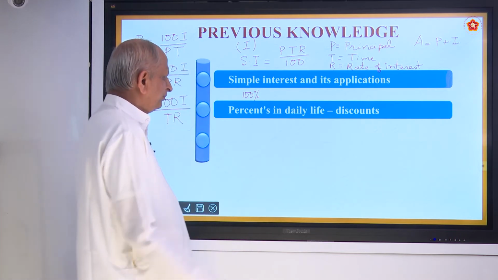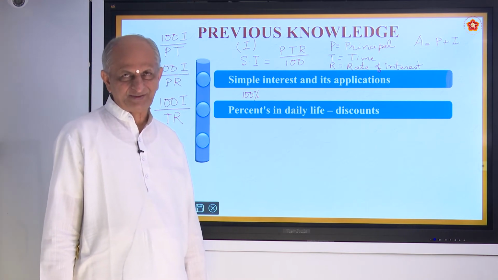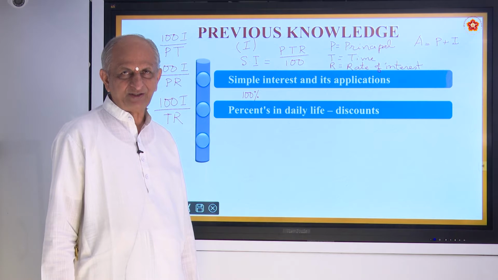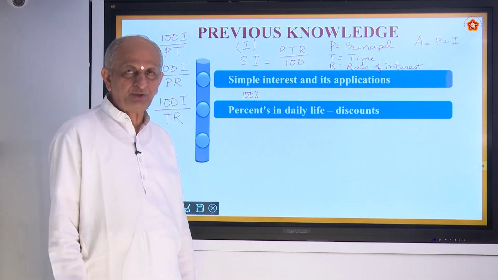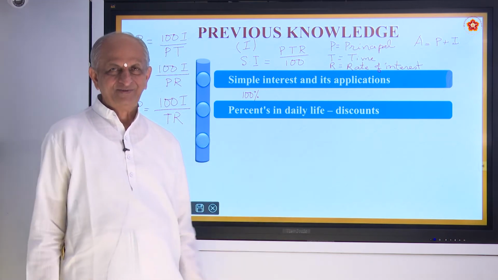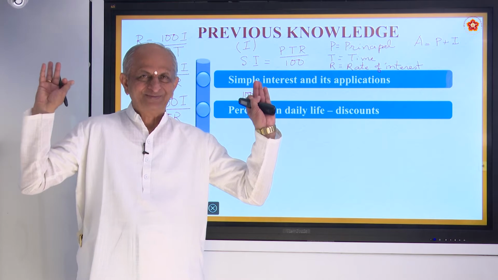And also you have studied about discounts in terms of percentages, especially for festivals like Ganesha festival, Dasara festival and all. They give discounts. Why do they give discounts? Just to clear the goods. There will be a lot of stock.